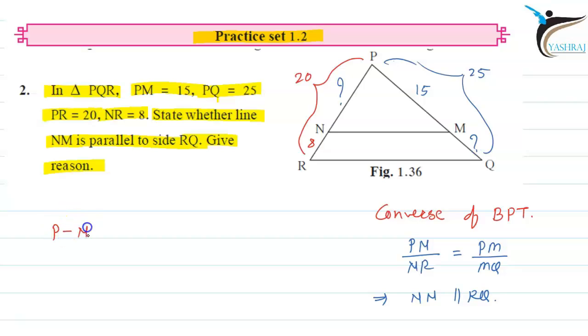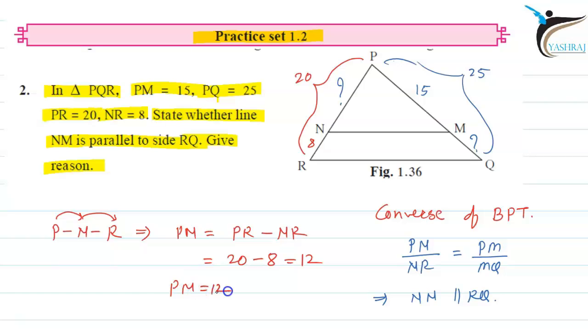We write here that P, N, R are collinear points, in the sequence P after N after R. So we can easily find the PN value: PN equals overall PR minus NR. So we get 20 minus 8 as 12. So we have the PN value as 12.